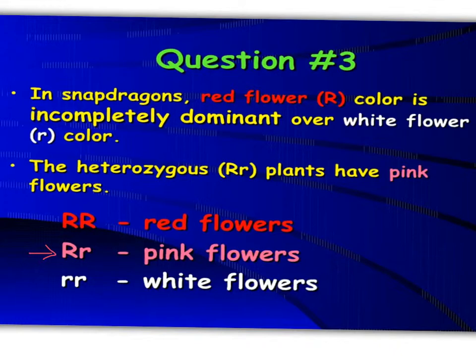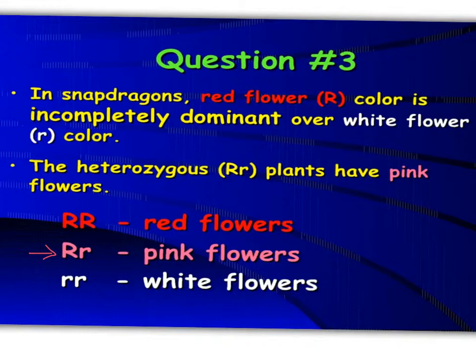Big R is red and little r is white, but the big R, little r state gives pink flowers. So the only way to have red flowers is to be big R, big R. The only way to have white flowers would be little r, little r, and pink would be the heterozygous big R, little r.